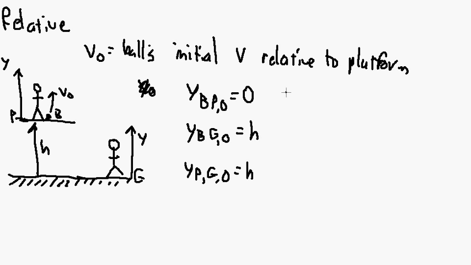And we also showed that with this notation system you can put together an equation: y_bp plus y_pg equals y_bg. So y of the ball in the platform frame plus y of the platform in the ground frame equals y of the ball in the ground frame, because these two inner subscripts match up.